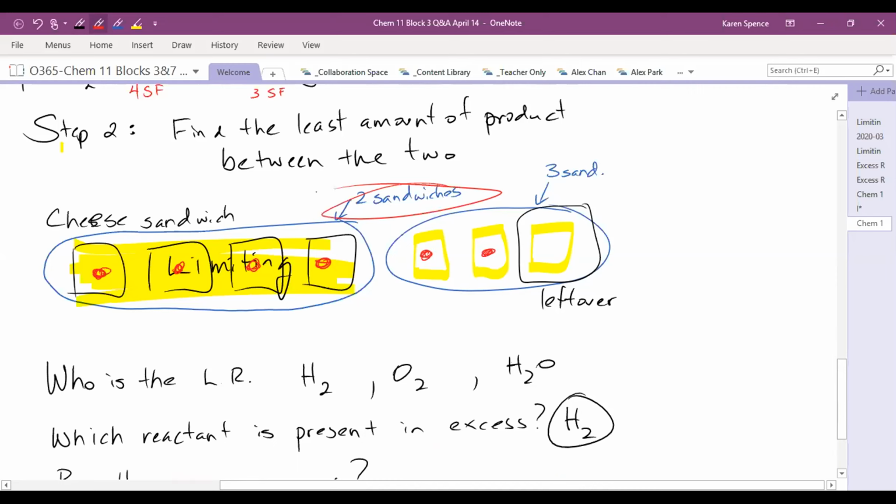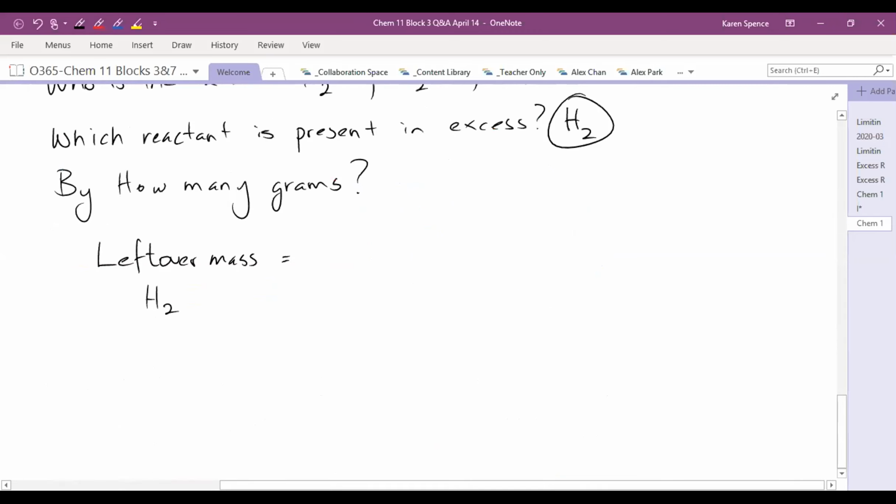So we always take what we start with and then we subtract what we use to react with the limiting reactant. Okay, so it's going to be the mass of H2 at the start minus the mass of H2 used with the limiting reactant.